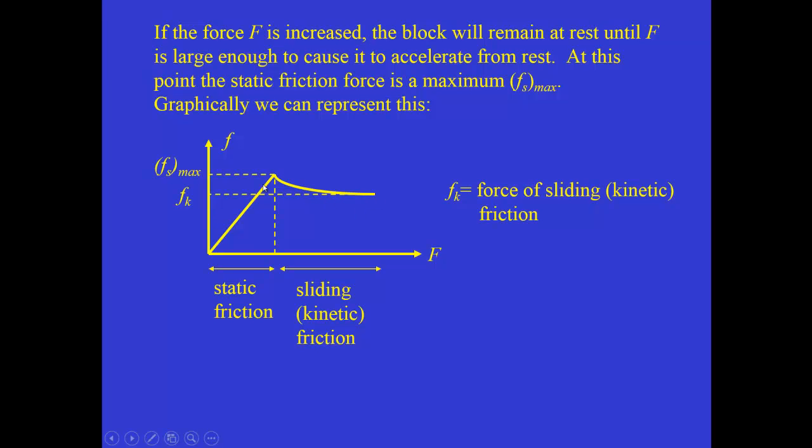And so this maximum static friction force, once we exceed it with the applied force, as the object begins to slide, the kinetic friction force is a little bit less than that maximum static friction force. And so that will come into play when we write down the two different equations governing the quantitative relationship for static and kinetic friction forces.